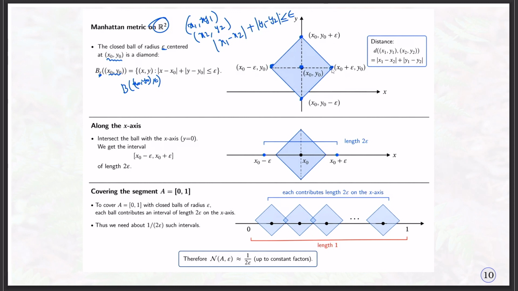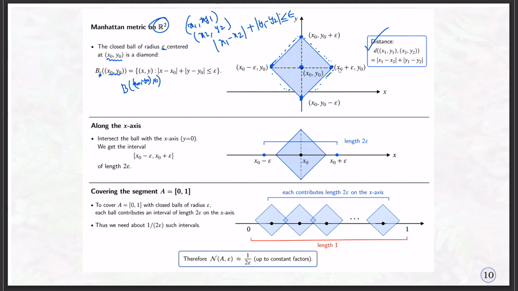In these 4 points, if you want to find the Manhattan distance, it is like a square, like this one, because the distance function is given here. So, the balls look like diamond shapes. Just intersect the ball with the x axis.